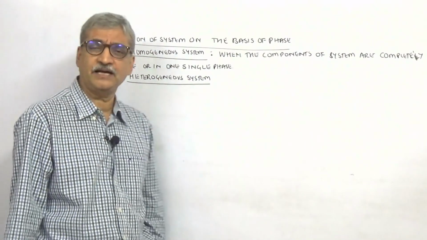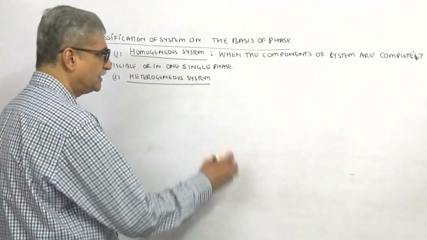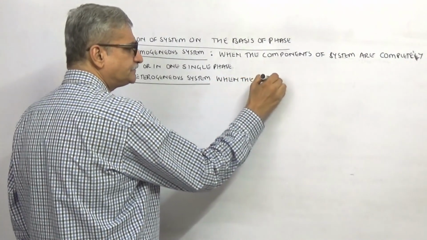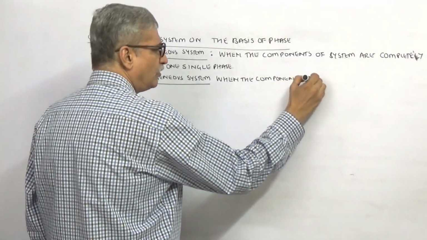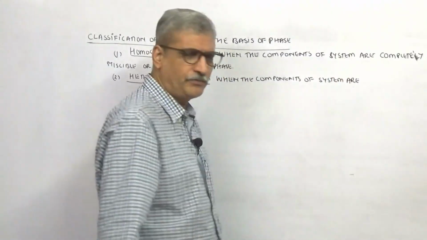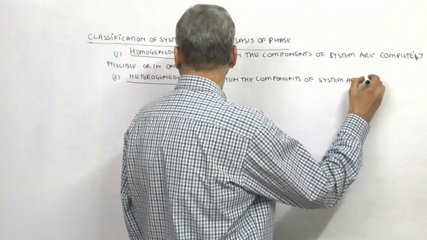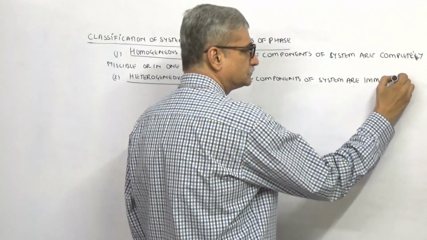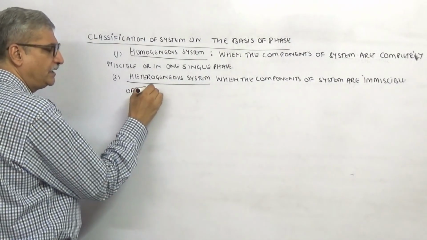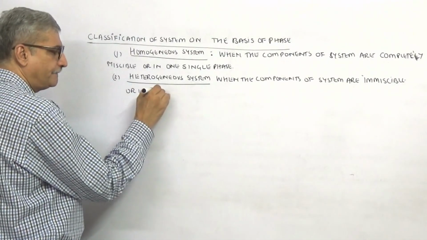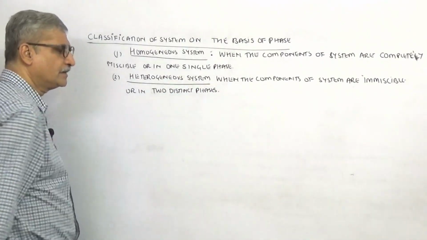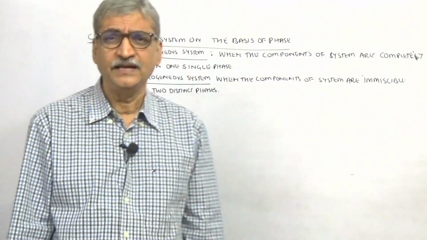When the components of the system are immiscible or in 2 distinct phases, then we say it is a heterogeneous system.